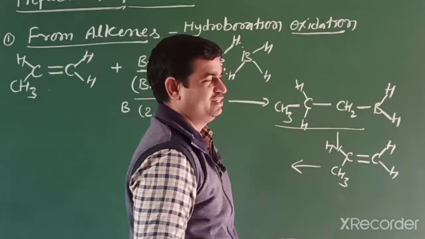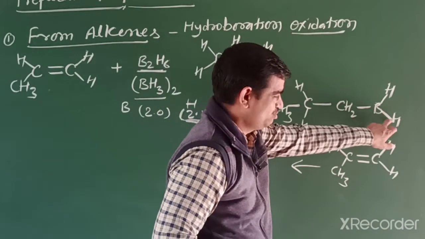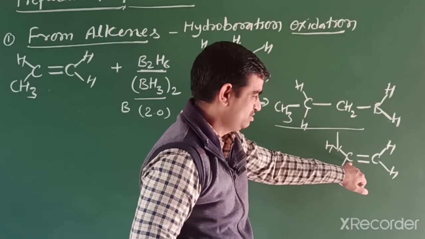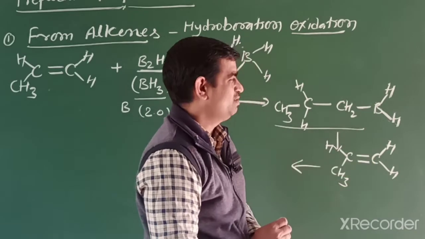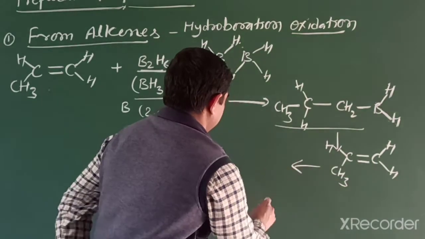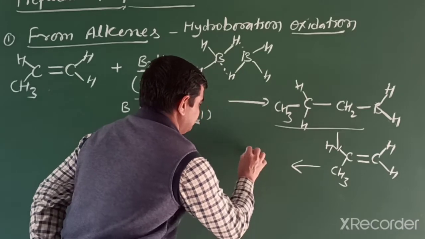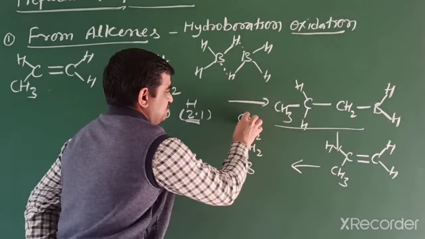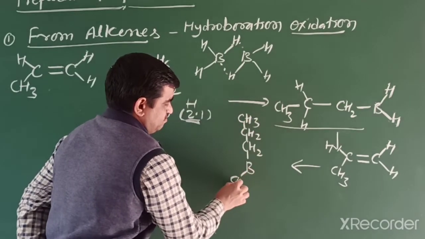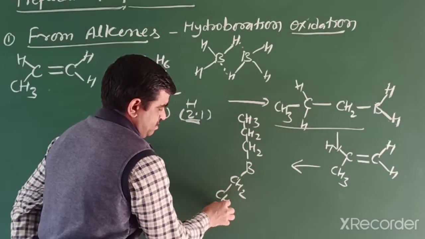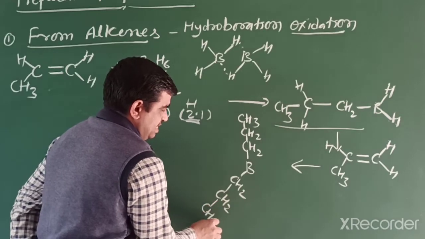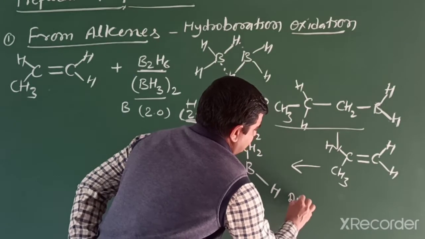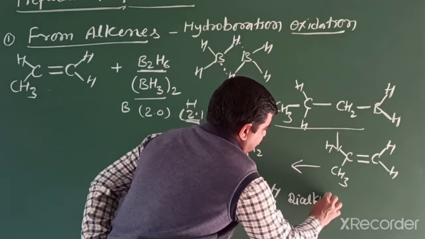Then in the further addition reaction, the boron hydrogen bond dissociates, again hydrogen attaches to the carbon having fewer hydrogens. It follows Markovnikov rule, similarly. So we can write here dialkyl borane.